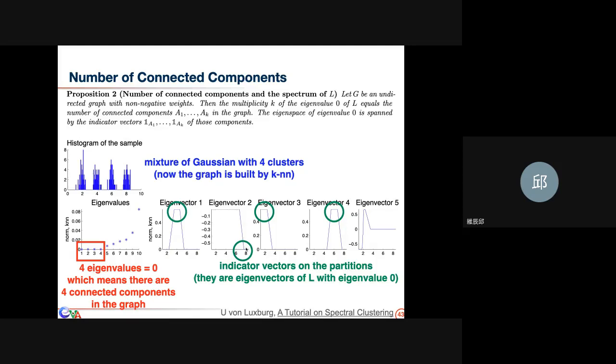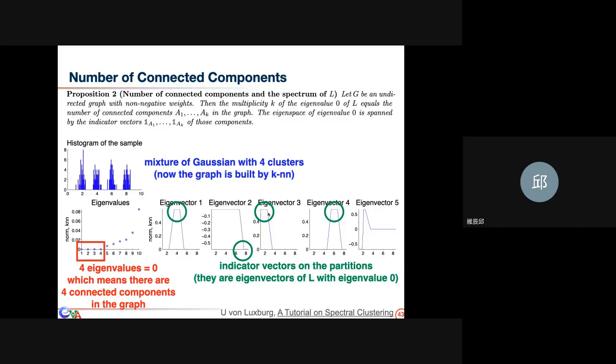The second eigenvector can be treated as an indicator vector for the group corresponding to value 8.